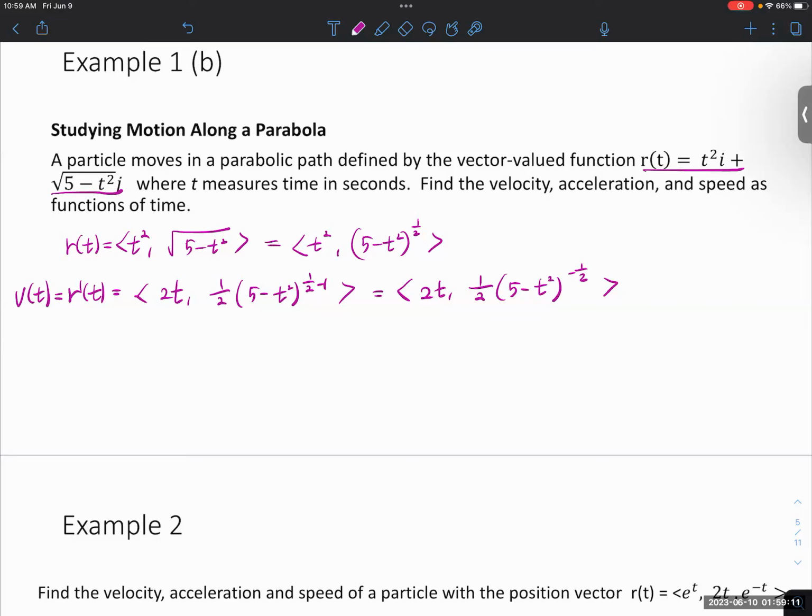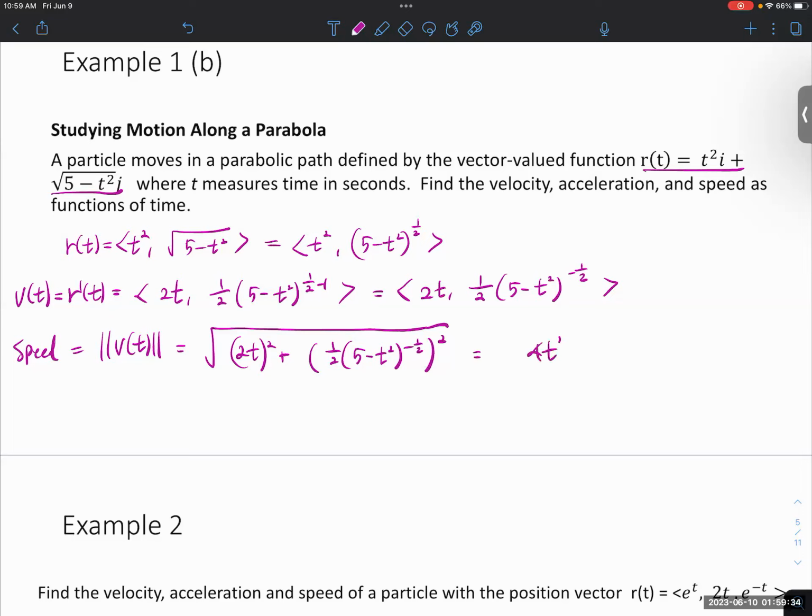They didn't give you a specific t value, so leave it like that. How about the speed? We are going to take the magnitude of the velocity. So that would be 2t squared, 1 over 2, 5 minus t squared, negative 1 over 2, squared.